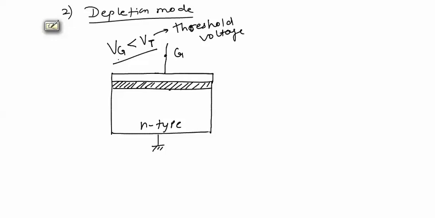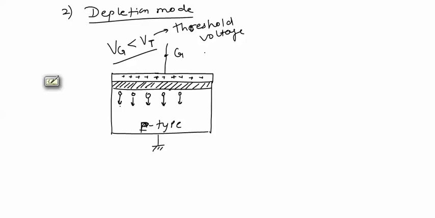If the applied gate voltage is less than threshold voltage, then the gate metal will be positive, but this positive voltage is not sufficiently strong to attract the negatively charged carriers, which are very less in this p-type substrate. So this voltage is sufficient only to repel the holes away from the oxide semiconductor interface.